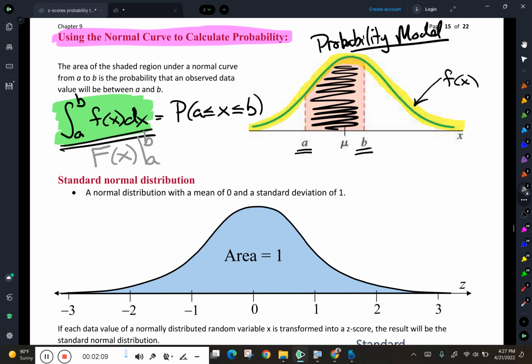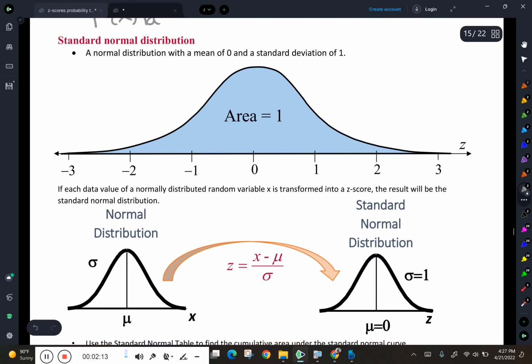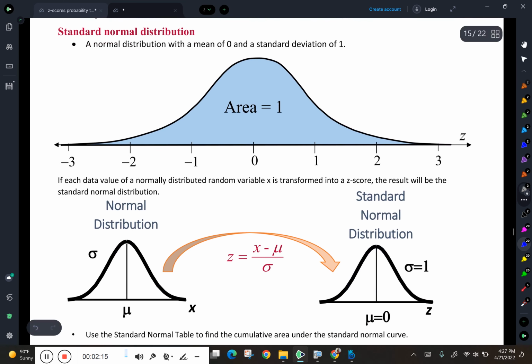First things first. Here's the logic and the rationale behind it. A standard normal distribution, standard being a modifier, is a normal distribution that has a mean of 0 and a standard deviation of 1.